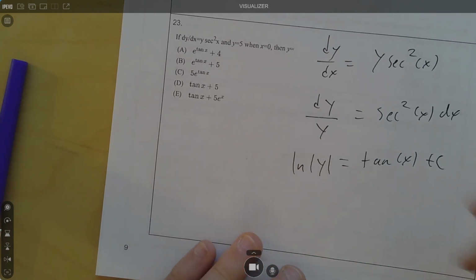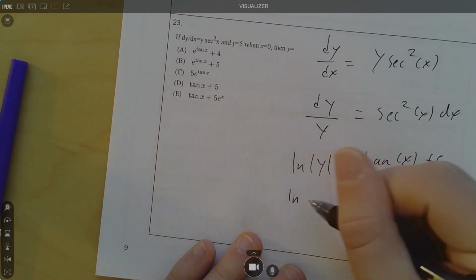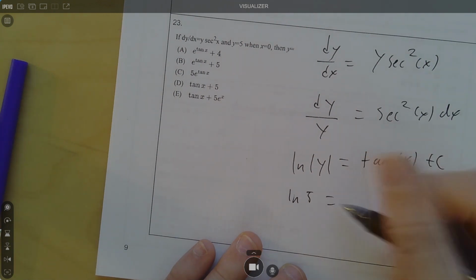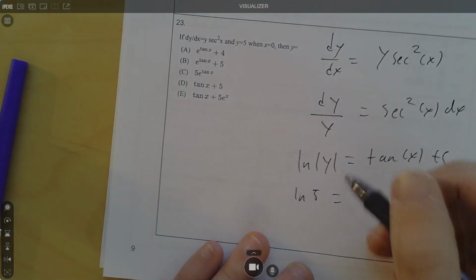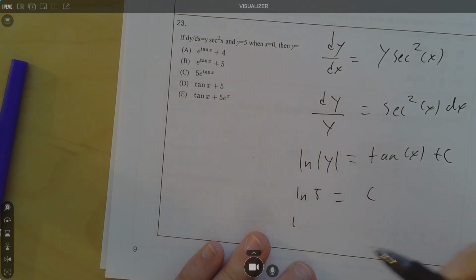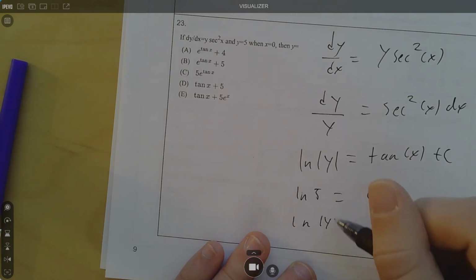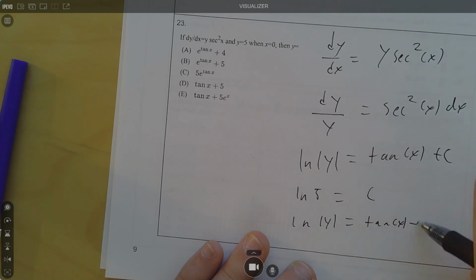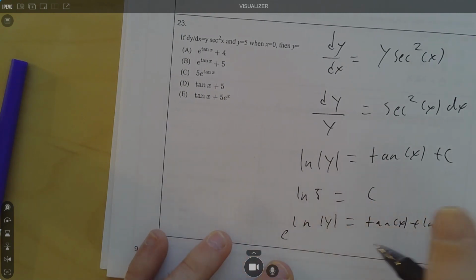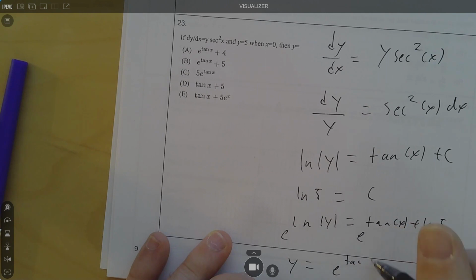So to solve for c, we're going to get ln 5 equals tan 0, which is just 0. So ln 5 is c. So we'll go back to the original. We're going to get ln y equals tan x plus ln 5. And we're going to exponentiate. We get y equals e to the tan x plus ln 5.